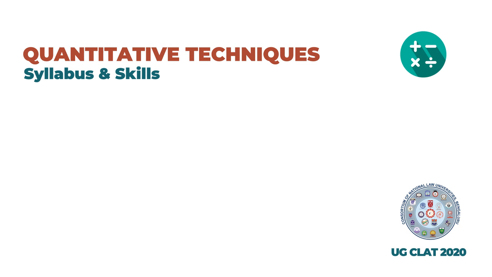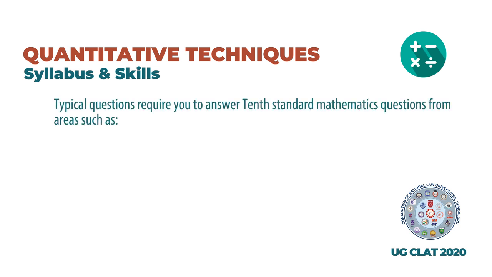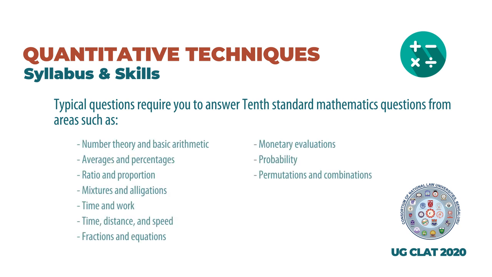Each passage will be followed by a series of questions that typically ask you to answer 10 standard mathematics questions from areas such as number theory and basic arithmetic, averages and percentages, ratio and proportion, mixtures and allegations, time and work, time, distance and speed, fractions and equations, monetary evaluations, probability, permutations and combinations.